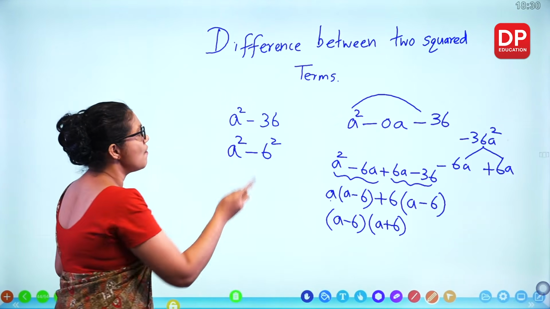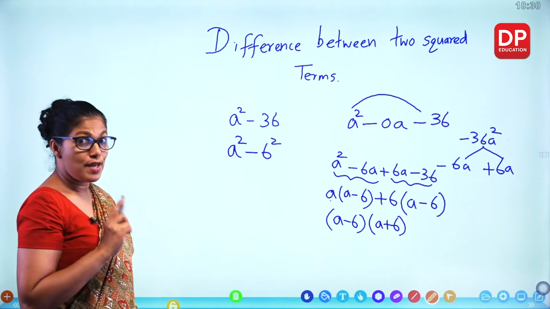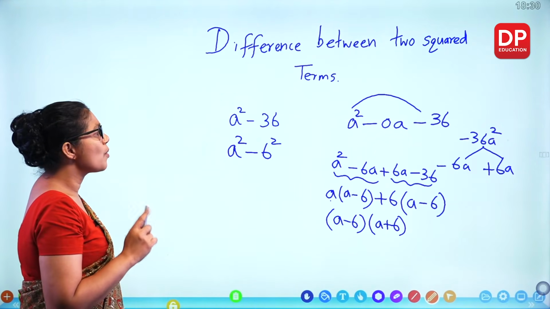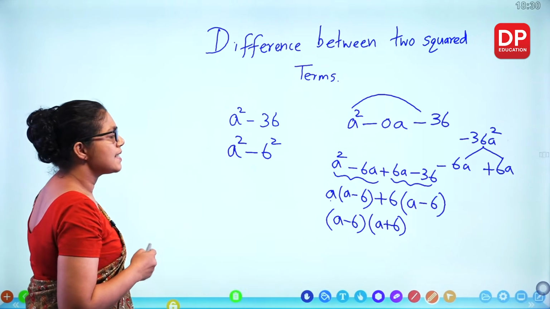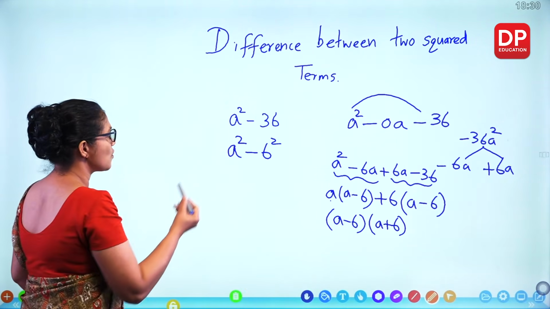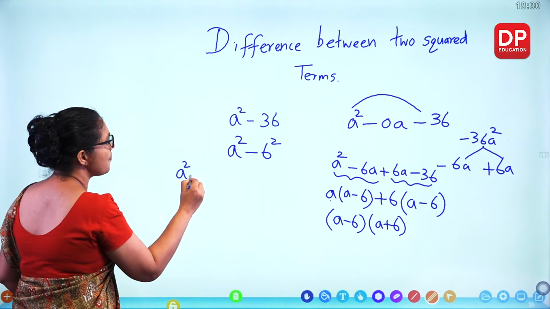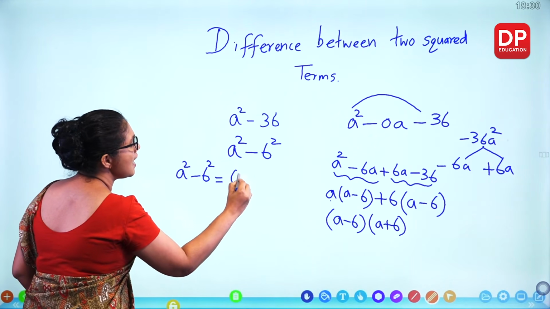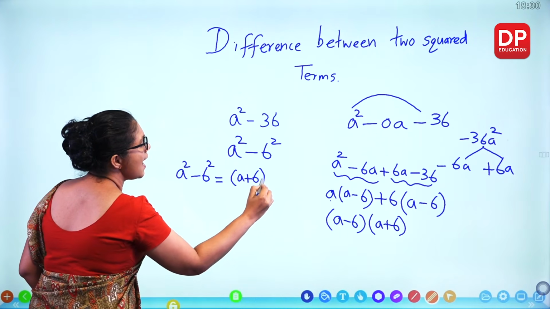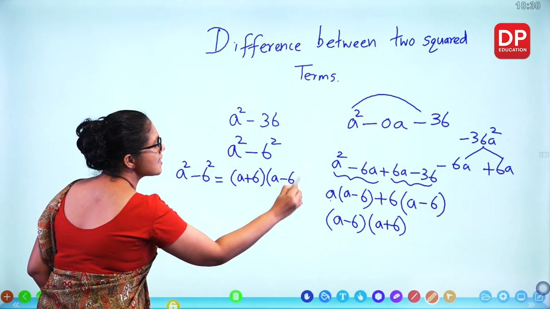So we can factorize and write a minus 6 and a plus 6. So I can write a squared minus 6 squared as a plus 6 and a minus 6.